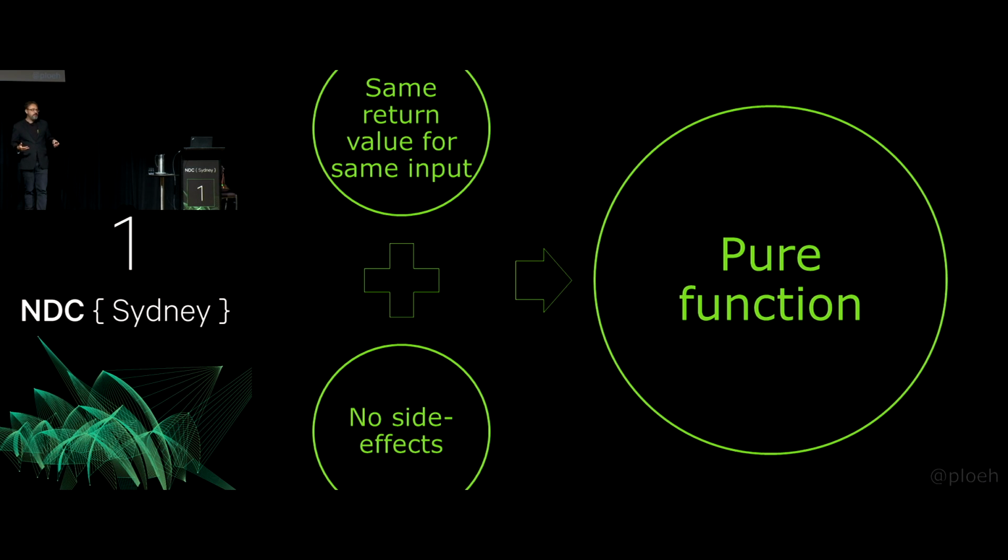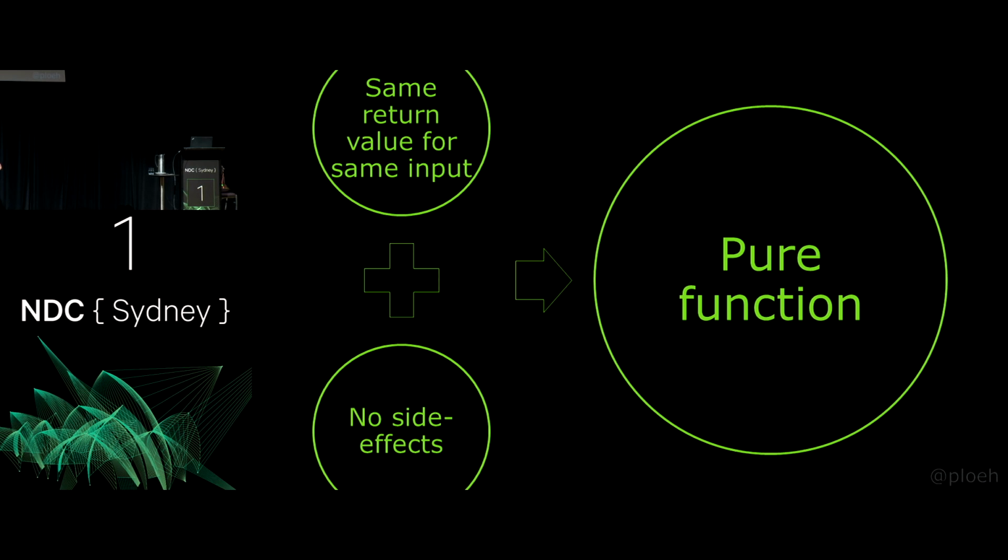It may also just be that you change a value in memory. So it might not be something that involves I/O, but anything that is observable from outside of the function. If it changes the state of something outside of the function, we call that a side effect. So it needs to do neither of those. It can't do side effects. It can't do non-determinism. If it's deterministic and has no side effects, we call it a pure function.